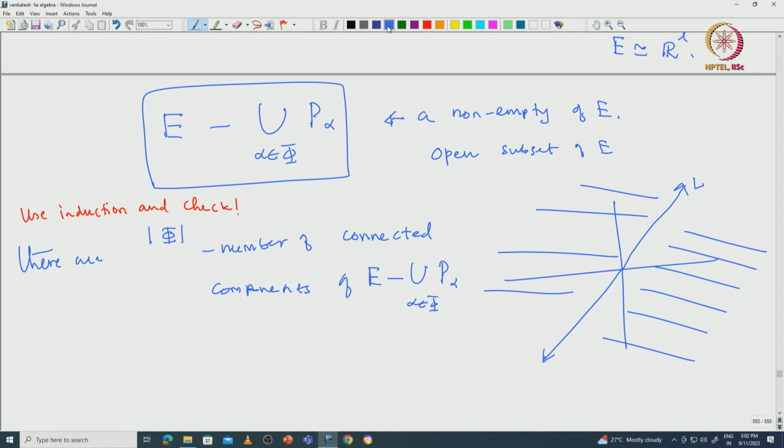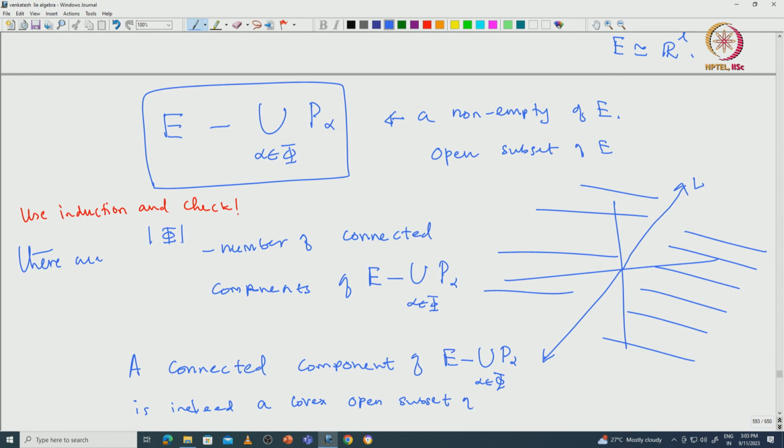So, if we take E difference union of P alpha, then a connected component of that is indeed a convex open subset of capital E. Again, you can use induction and prove this, because if you remove one hyperplane, it is easy to see the complement has two components and both are convex open subsets.